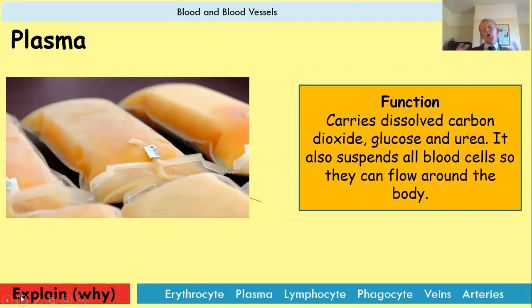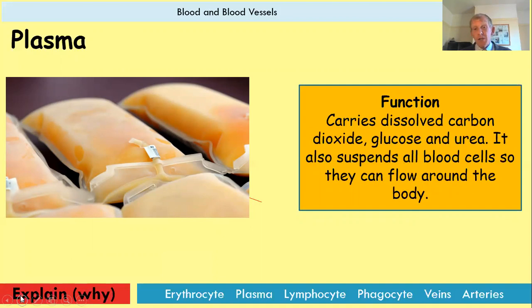So plasma, we'll go into a bit more detail about plasma. Plasma, as I said, is a straw-colored liquid, and its main function is to carry dissolved carbon dioxide, glucose, and urea. Glucose is one of the key nutrients, and carbon dioxide and urea are some of the key waste products that are going to be produced and required by the different cells of our body.